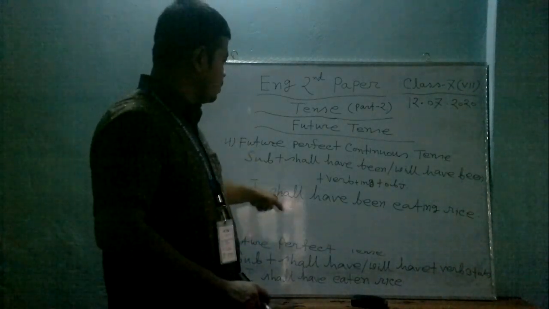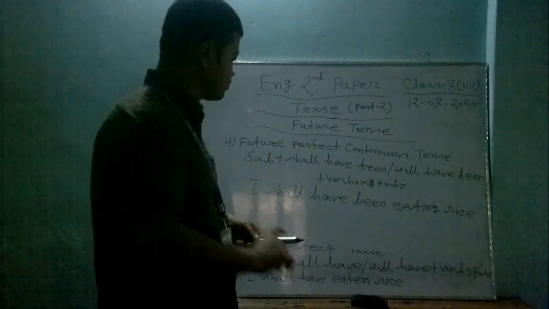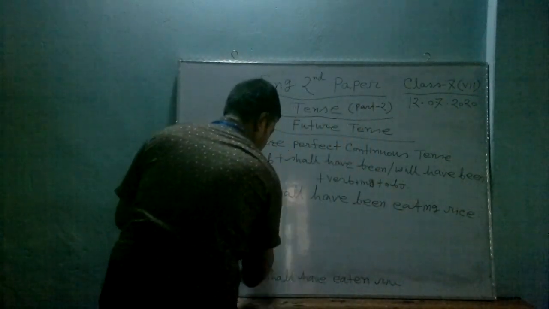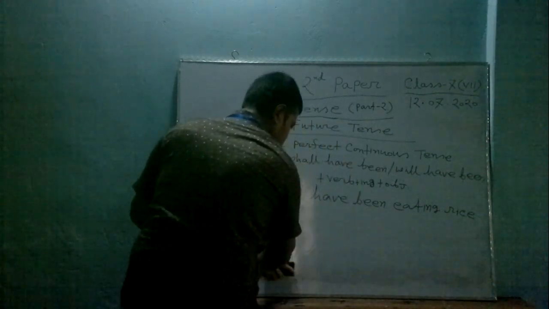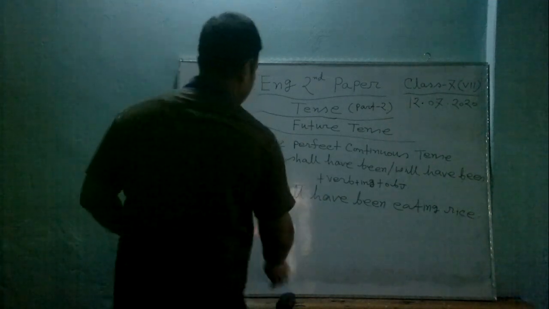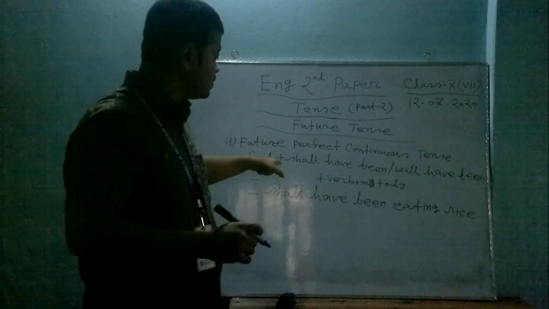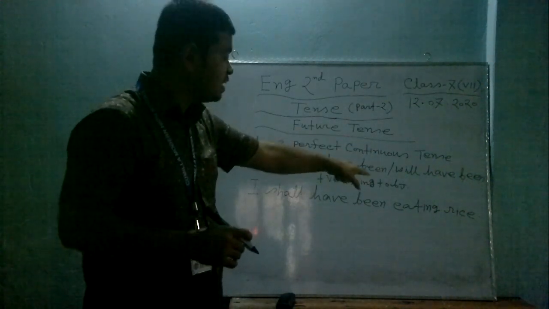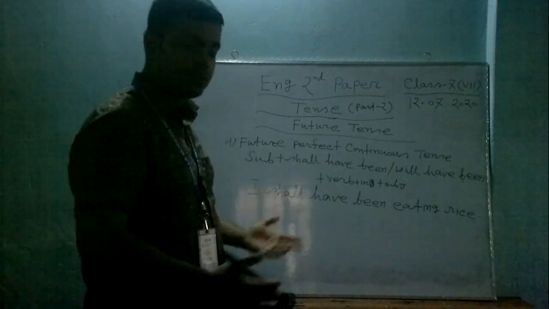This is our discussion of future tense. If we follow the future perfect continuous tense, the structure will be subject plus shall have been and will have been plus verb with adding ing and then object. So our sentence is I shall have been eating rice.